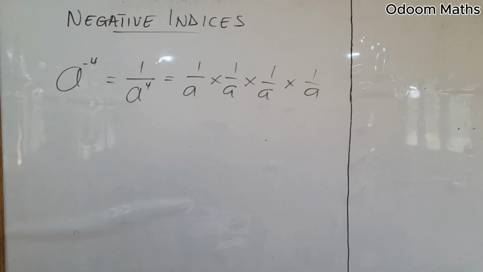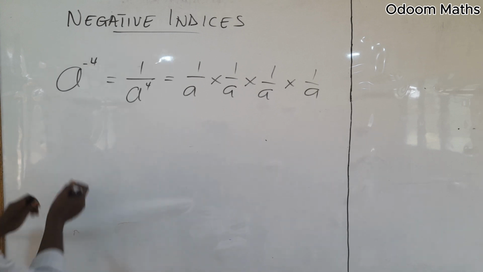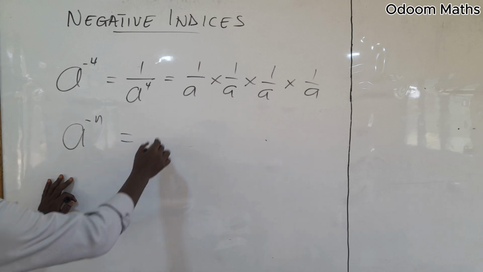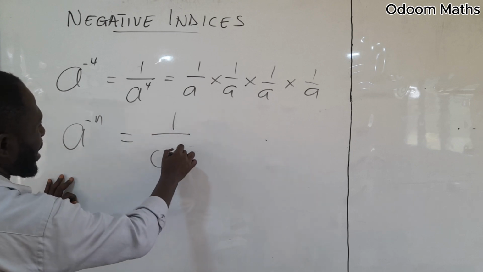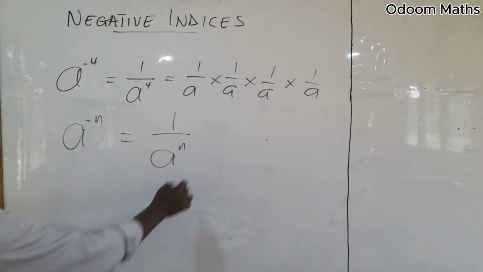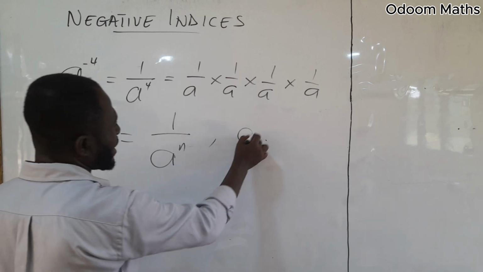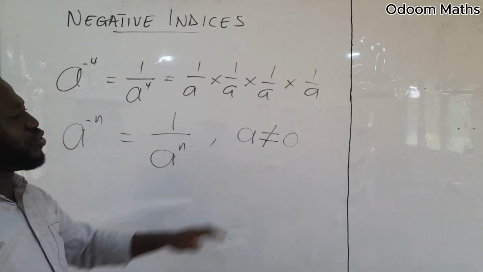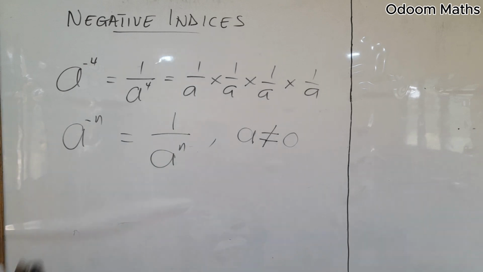Okay, so it means that when a is having a negative power n, then this is the same as 1 over a to the power n. And we should bear in mind that a should not be equal to 0. Okay, and this is the second one.